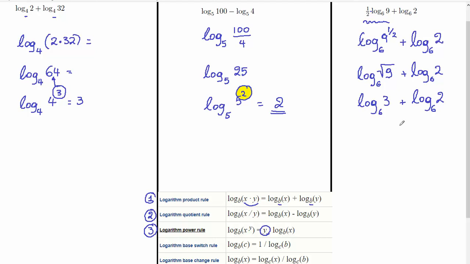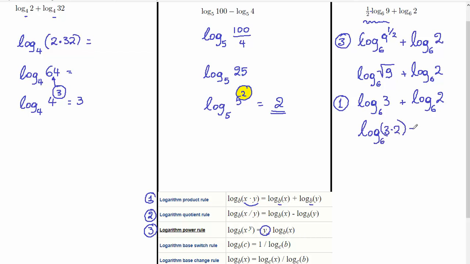What I want you to see now is that instead of using the third property right here, at this point I can also use property 1. Why? Because now I have a sum of logarithms with the same base 6. Since I add those 2 logarithms, I can replace that with the logarithm of their product. Log with base 6 of 3 times 2.